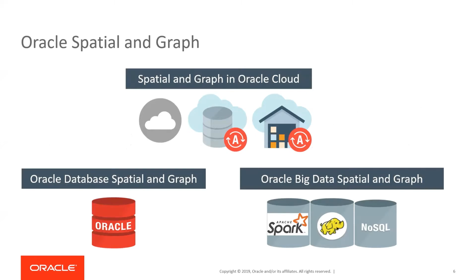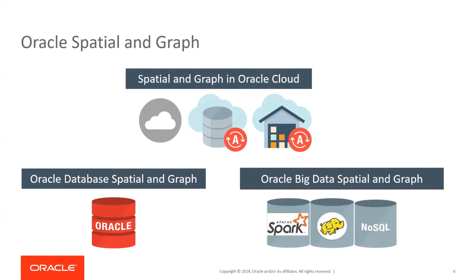Okay, for Spatial and Graph, again, for those of you who are not familiar with it, it's an option to Oracle Database. It's been around for a while. It's available on cloud platforms and subscriptions as well as on-prem. Spatial and Graph has a spatial side and a graph side, and there have been a lot of AskTOM sessions on graph, not so many on spatial, but we are not focusing on graph today at all.